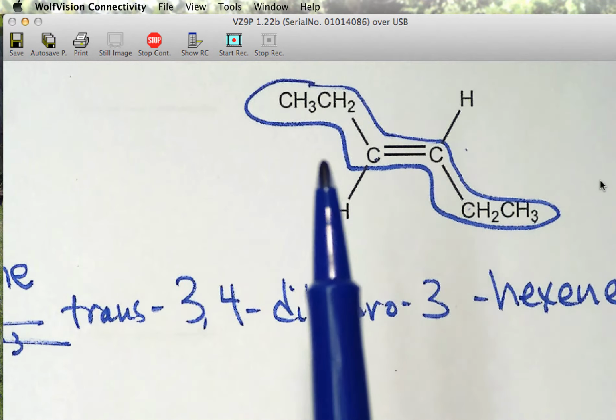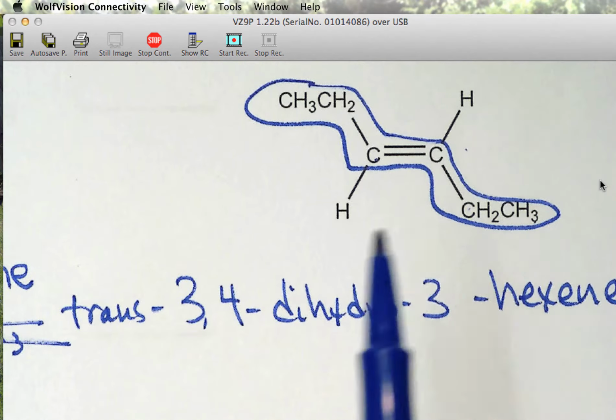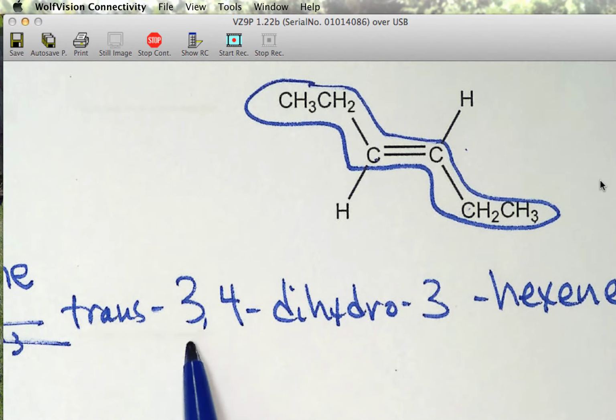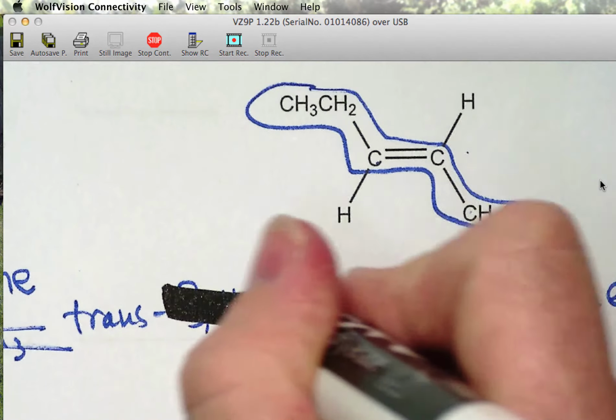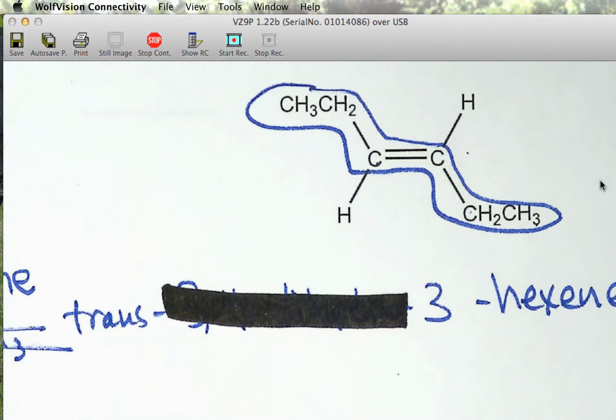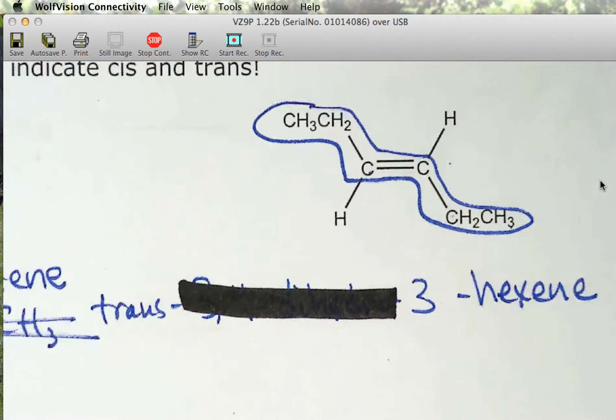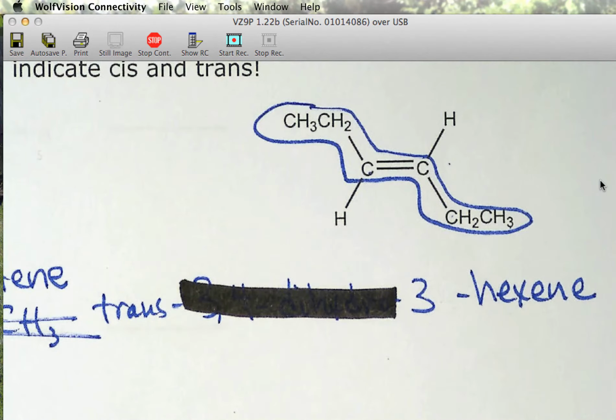So it's not cis or trans in the name. Trans-3-hexene would be the name. You do trans and cis with hydrogens and everything else but carbon.